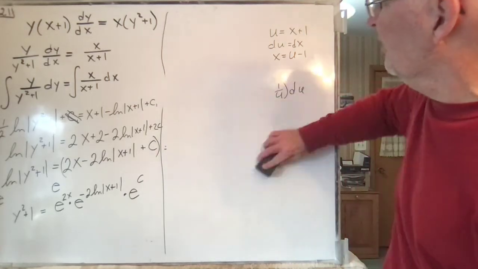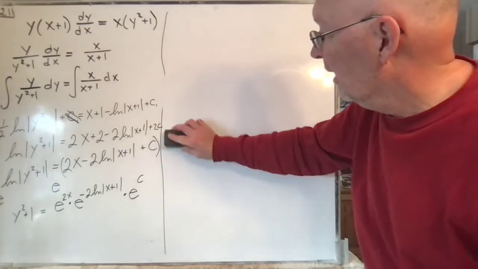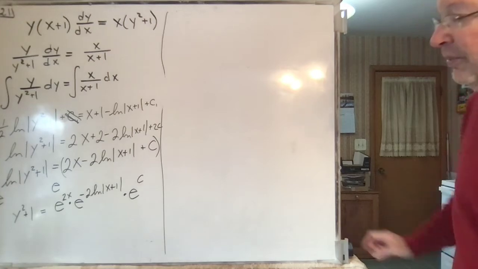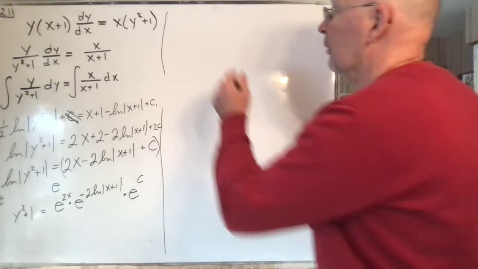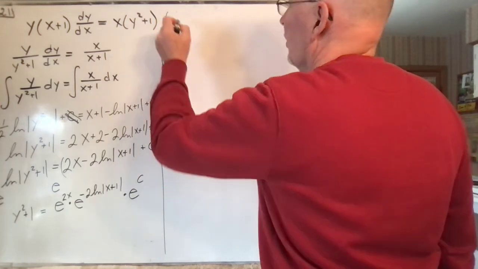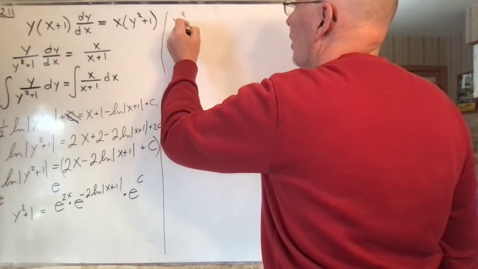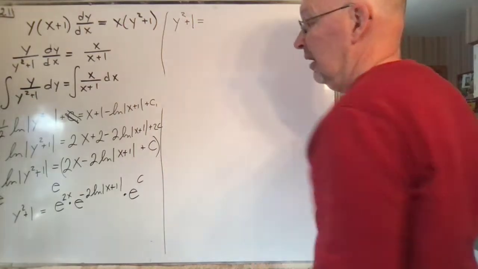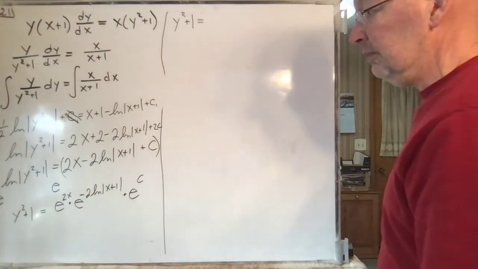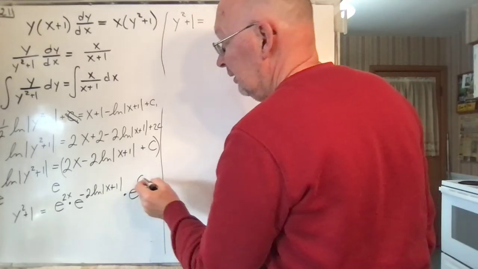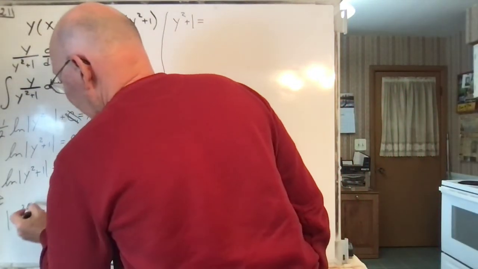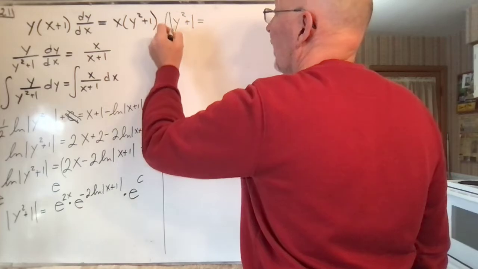Okay, again, I'm going to have to use up some board space here. And what's that equal to? So I'm going to get y squared plus 1 is equal to, first of all, e to the c, oops, I'm sorry, I need an absolute value there. So there I still need absolute value.